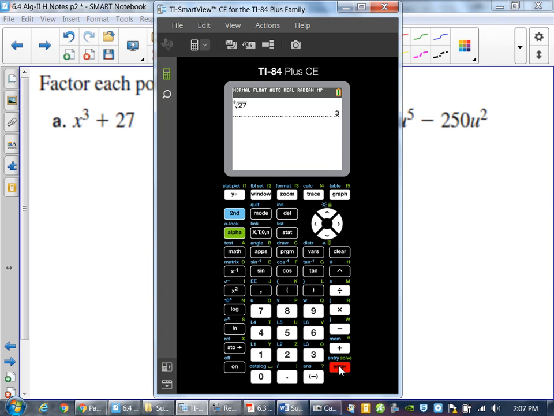I need to be able to change that nth root value. You would type in math, option 5. See how it says x root? By doing that, you get a cursor where you can put in whatever number you want, whether it's a 2, 3, 4, 5, 7, whatever. You can type things in like that. Is that okay? Okay. So that's where you get those two.